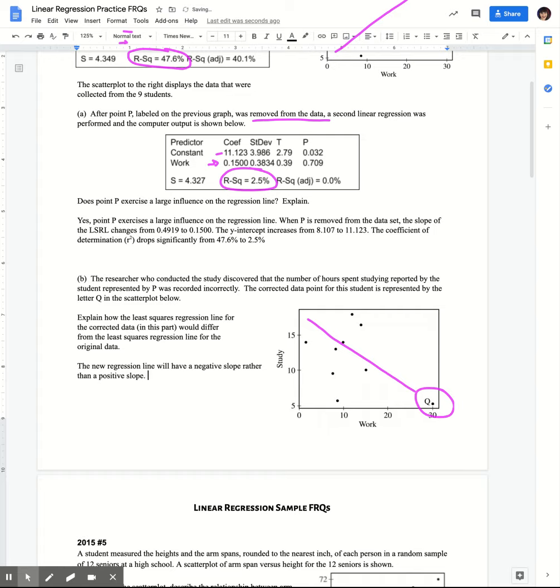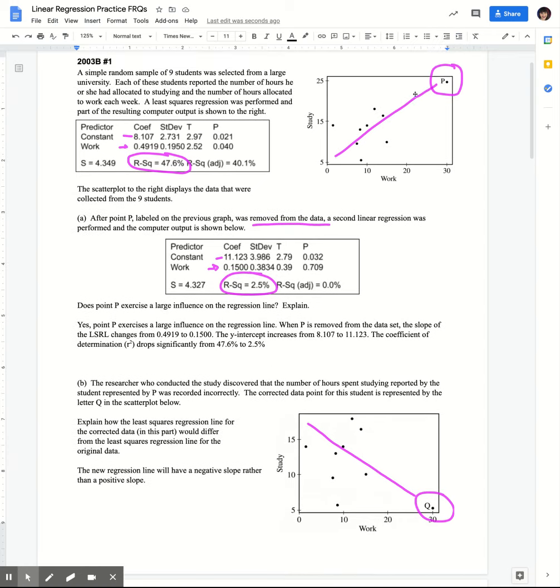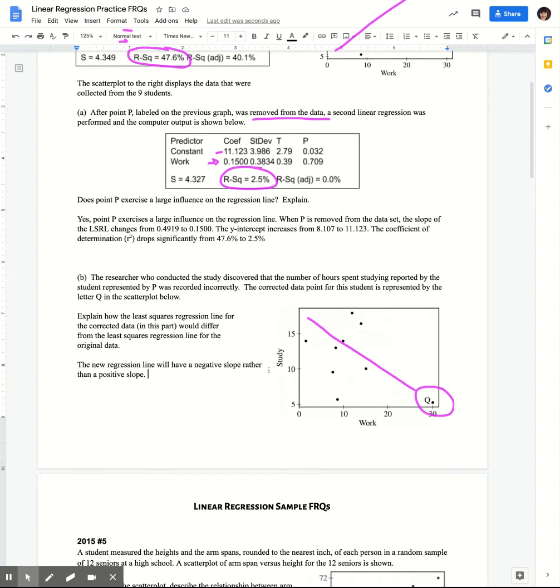Okay, and then you also want to talk about the y-intercept. Because of the nature of the least squares regression line, the y-intercept when point P was in the data set is going to be much smaller than the y-intercept when point Q is in the data set.